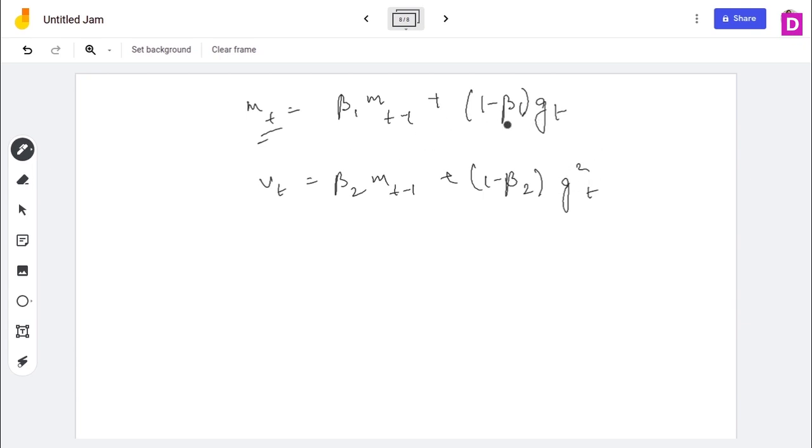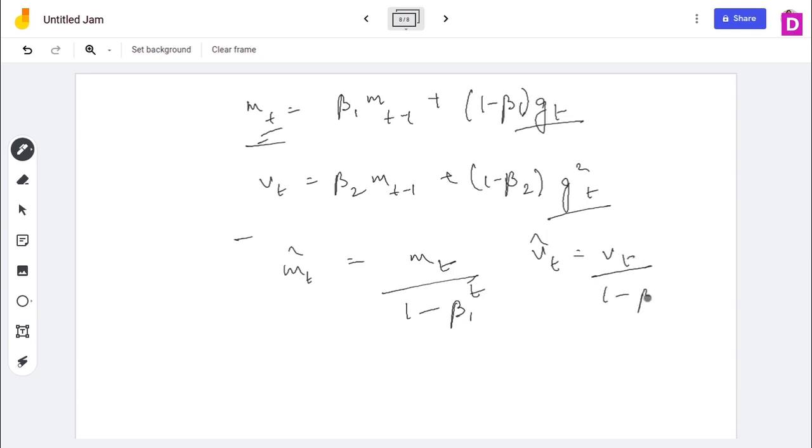So there is one momentum kind of term for gradient and one for gradient square. m hat t will be equal to mt by 1 minus beta 1 at iteration t, and vt hat will be equal to vt by 1 minus beta 2 at iteration t.